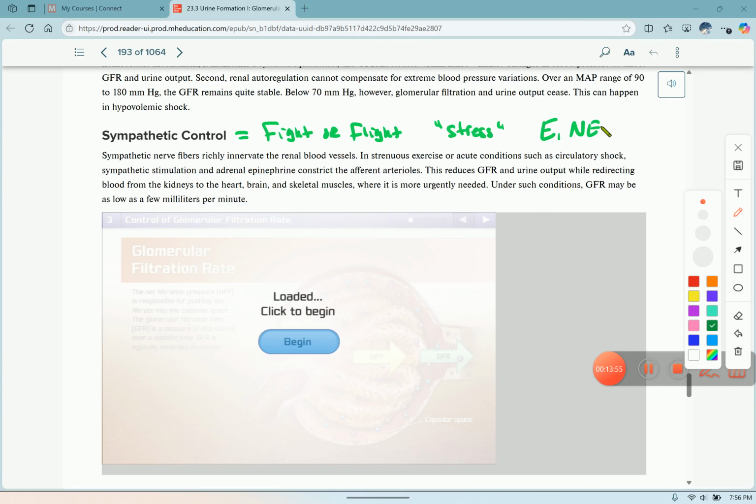Now think about fight or flight. You want your heart rate to go up. You want skeletal muscle to get engorged with blood. You want the lungs to do better with gas exchange because you're going to fight or you're going to flight. So digestion slows down, and kidney function slows down. So you have a reduction in GFR and a reduction in urine output because blood is redirected from the kidneys to the heart, brain, and skeletal muscles where it's more urgently needed because this is a fight or flight situation.